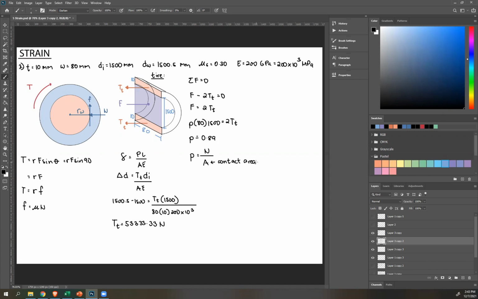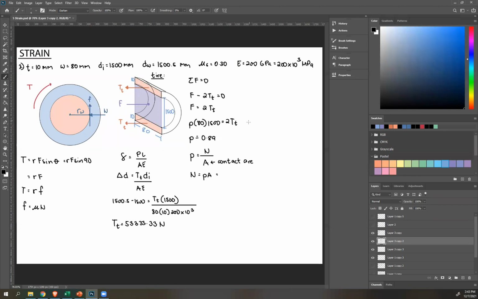Because again, by definition, normal force happens when there's two objects in contact. So the pressure applied is equal to your normal force over contact area. So from this, N equals PA, right? And then you can solve for that.